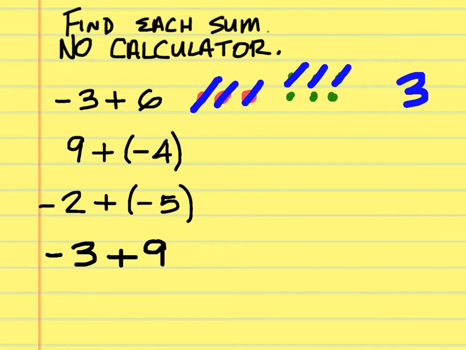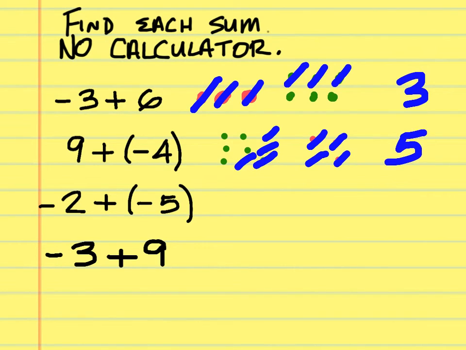Now for 9 plus a -4, I have 9 positives. And then I have 4 negatives. I'll cancel out a negative for every positive that I have. What am I left with? 5, yeah, +5. On the next one, I have 2 negatives and then 5 negatives.